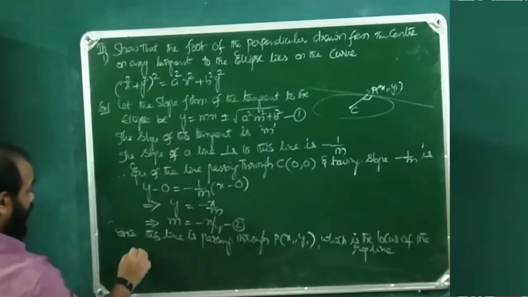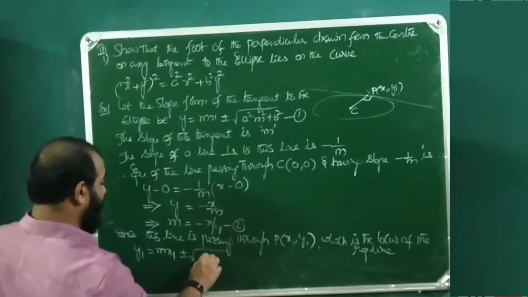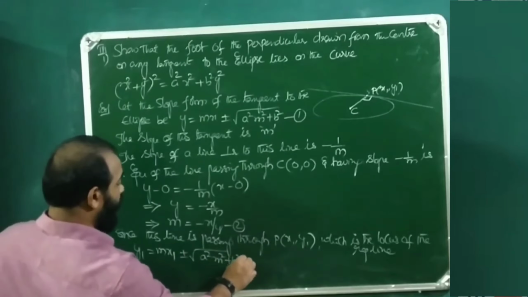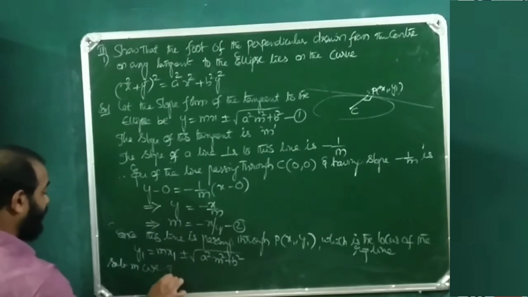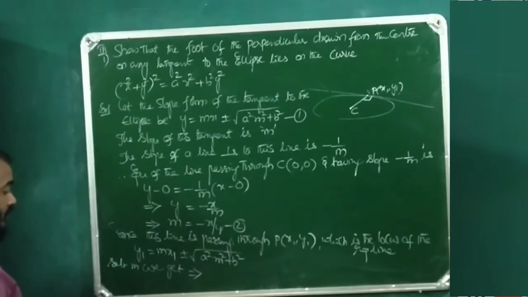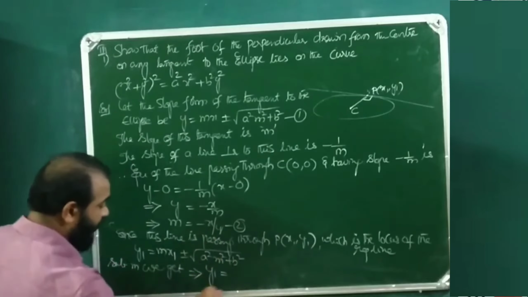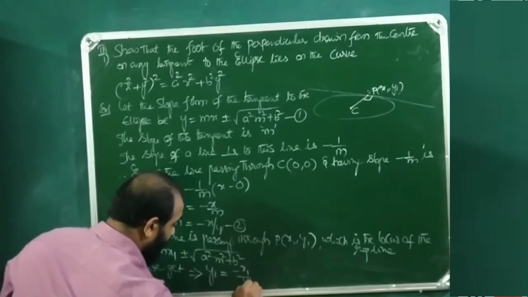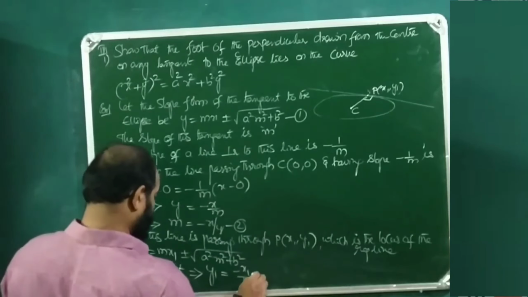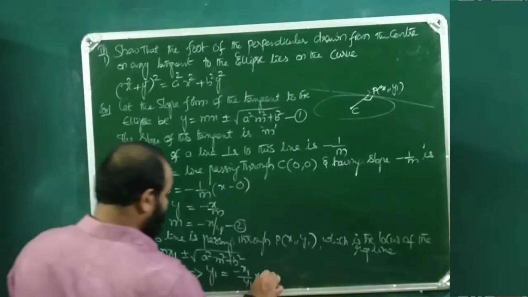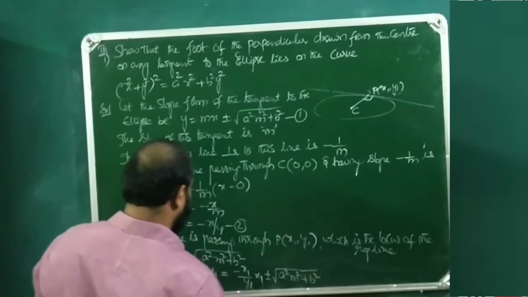So y1 equals mx1 plus or minus square root of a square m square plus b square. Substituting m, we get y1 equals, m equals minus x by y, so this is minus x1 by y1 into x1 plus or minus square root of a square m square plus b square.